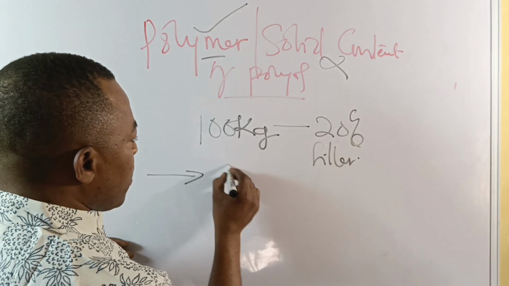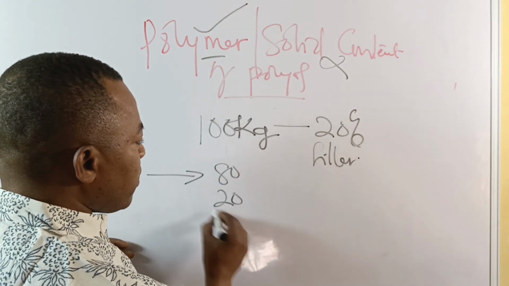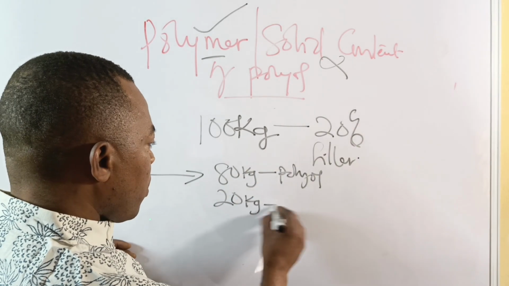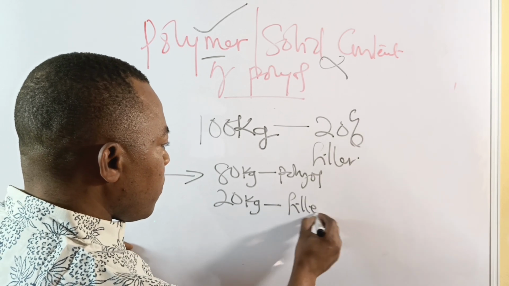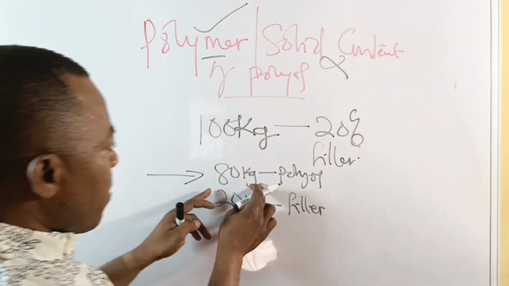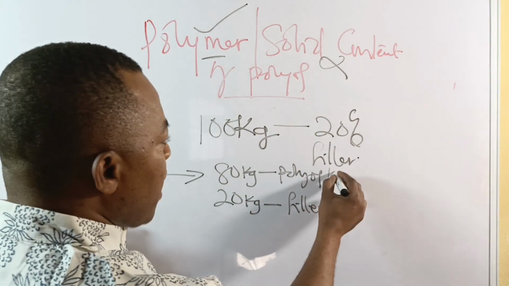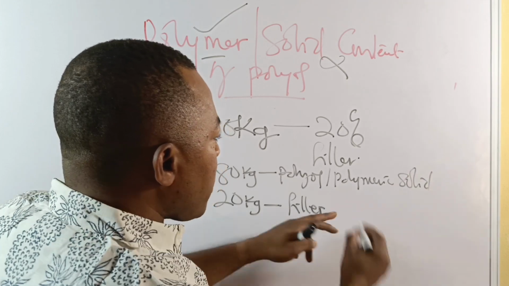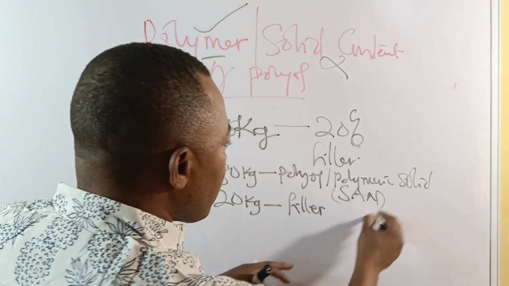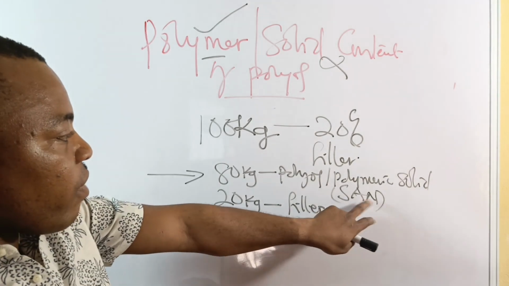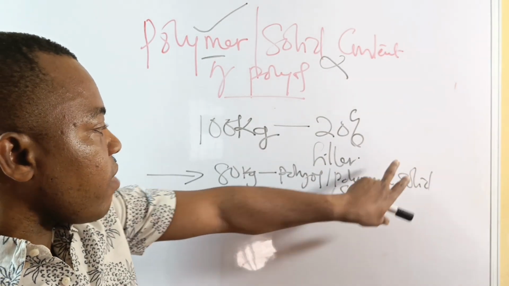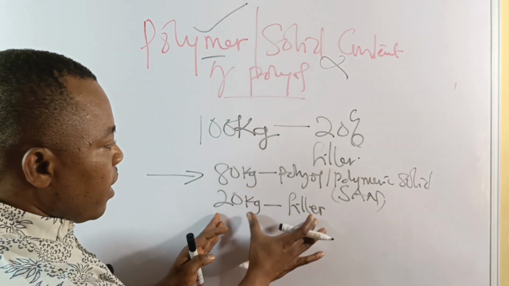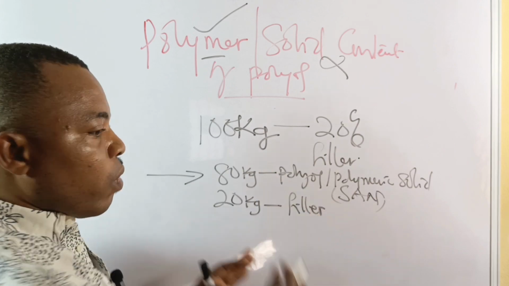So in this case, what I'm trying to say is 80 and 20 kg. This is polyol. This is a filler as solid content. And remember that inside this one, you are still having a polymerized solid here, which is SAN, normally known as styrene acrylonitrile. That is what is being added there as a copolymer, and it varies in percentage. So for this one, it's filler that we are adding. So the total of this will now increase the load.